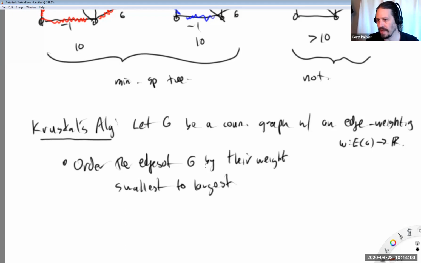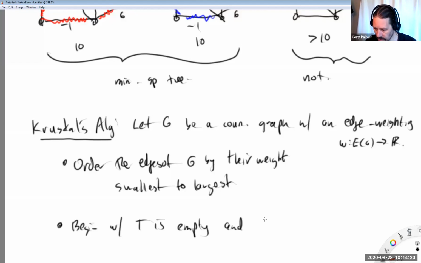Just break ties arbitrarily. It doesn't matter. And then I'm going to go through this list. So begin with T empty. T is the graph that we're going to produce here.